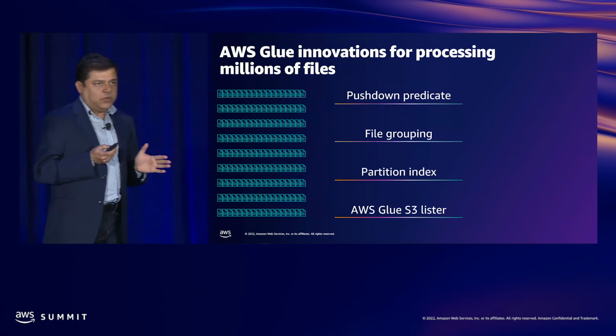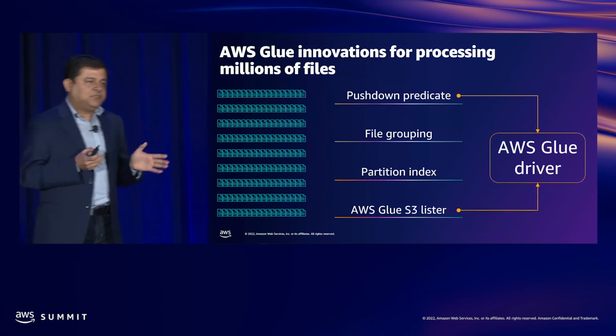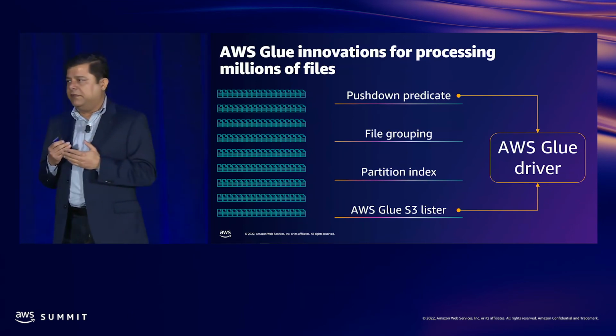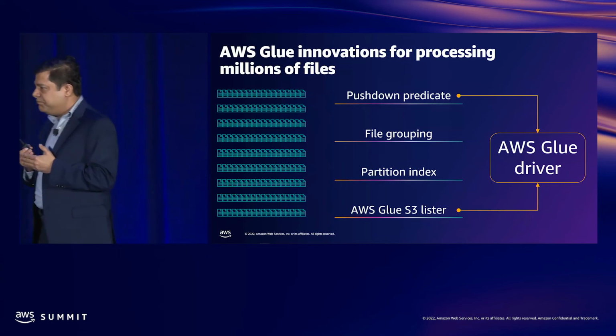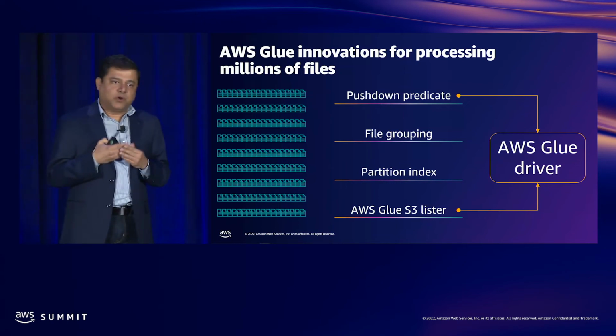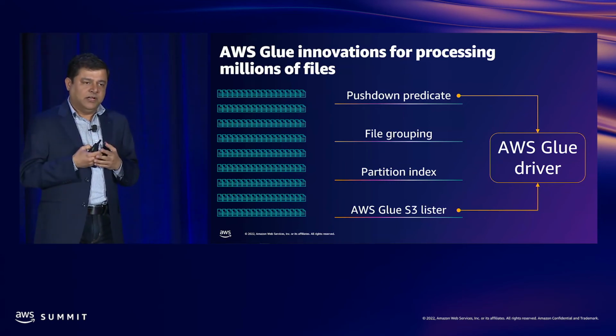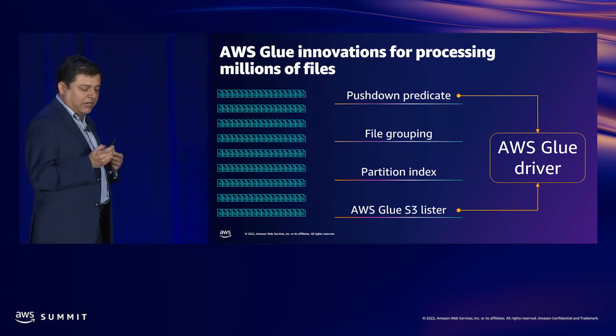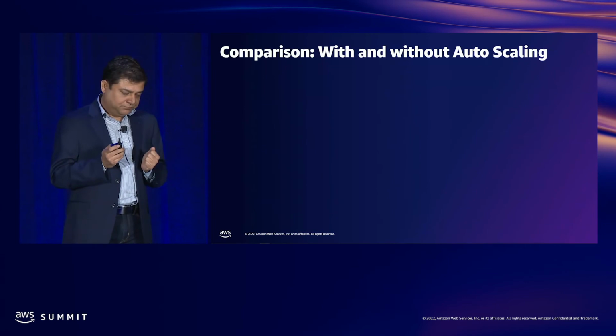And all these innovations are managed by the driver. So in this case, the driver is coming up with the most optimized query plan for workers to process during the job data integration.